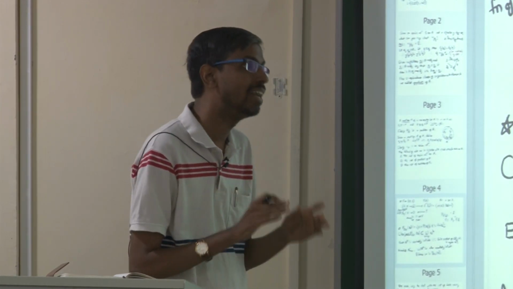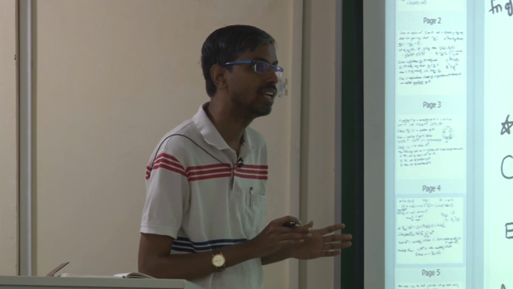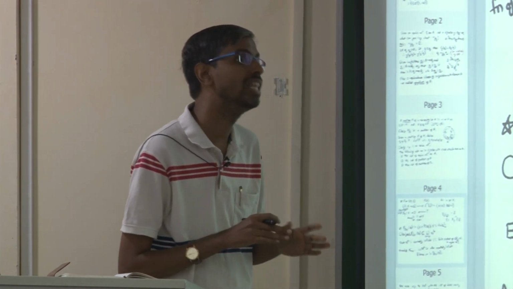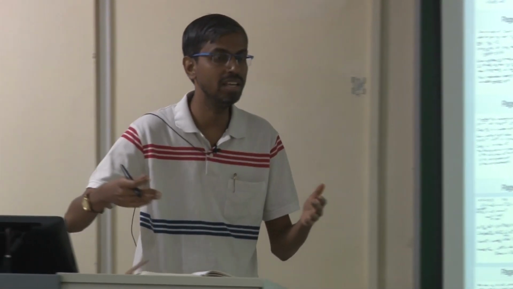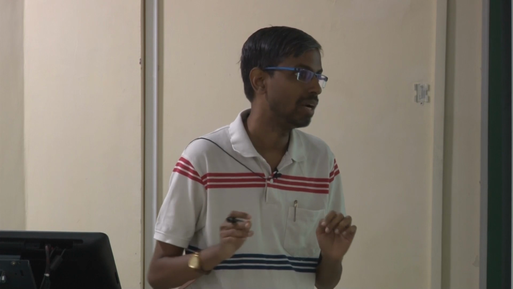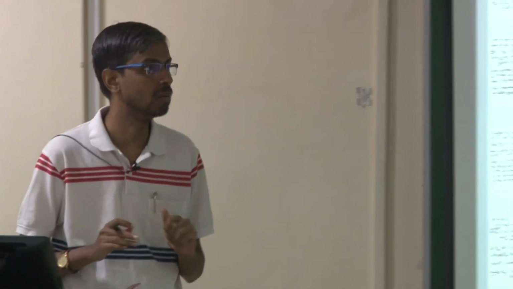So we don't need the axiom of choice to deal with natural numbers. If there are infinite families of sets about which we have no idea, they are arbitrary sets, then you will need the axiom of choice to define a choice function. But right now we don't need it because we already know natural numbers properly. Okay, this is just a feature of the axiom of choice.